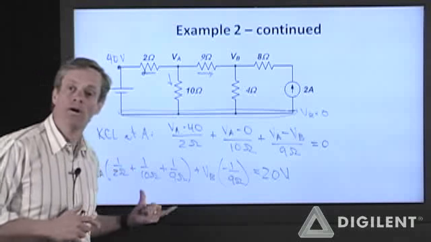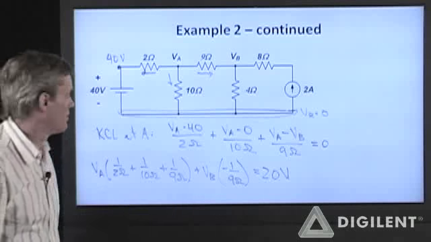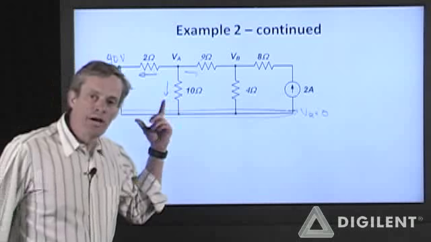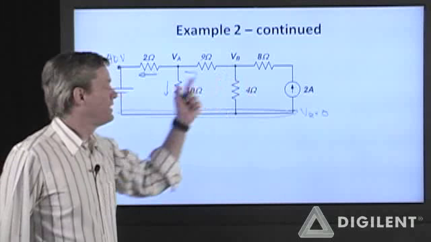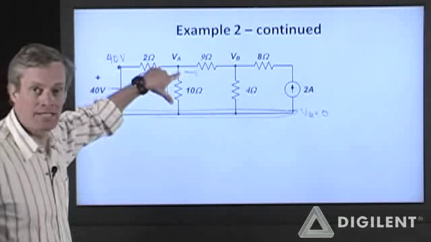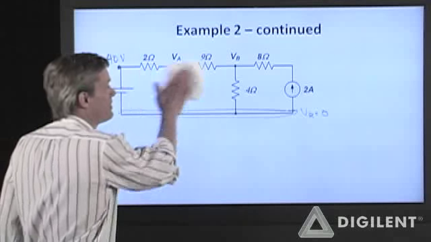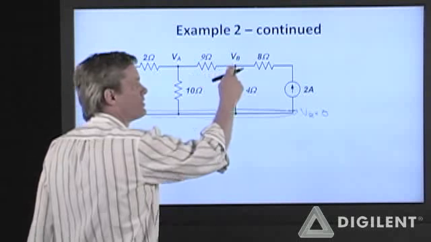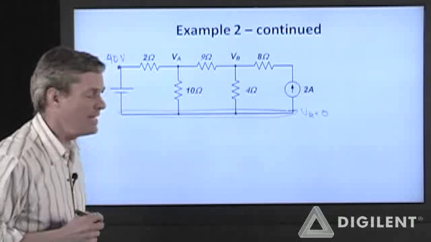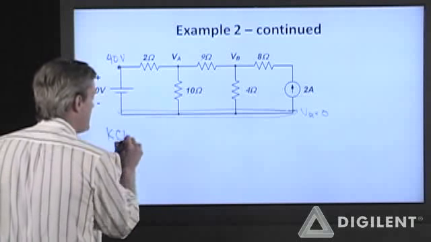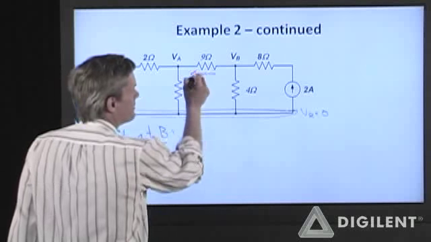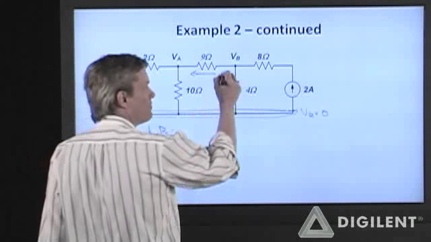Now let me do the equation for node B. When I write my equation for node B, I'm going to forget that I had originally assigned some current directions here at node A. Now I'm going to assume that all of the currents are leaving node B. So if I apply KCL at B, my current through the 9 ohm resistor is going to be assumed to be in that direction.